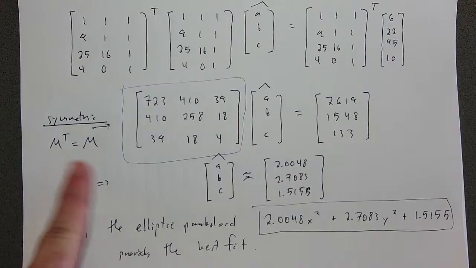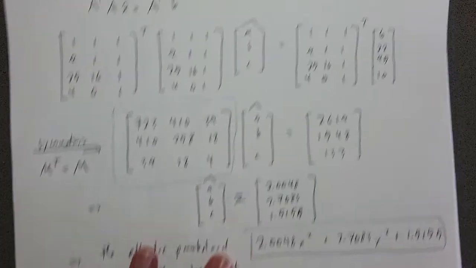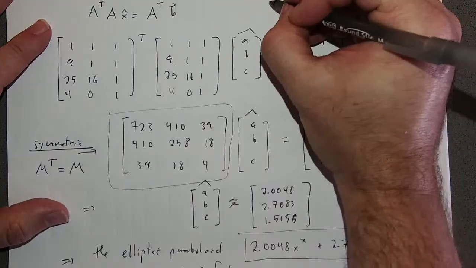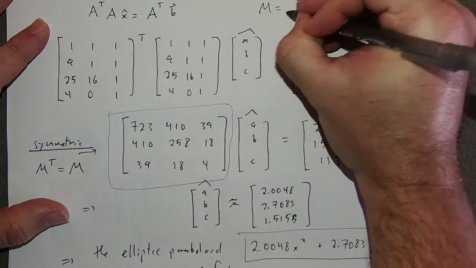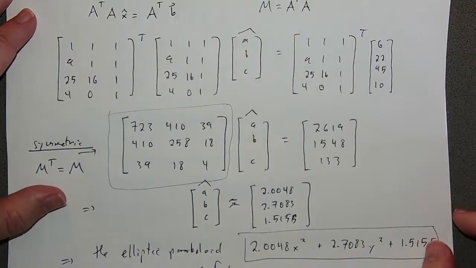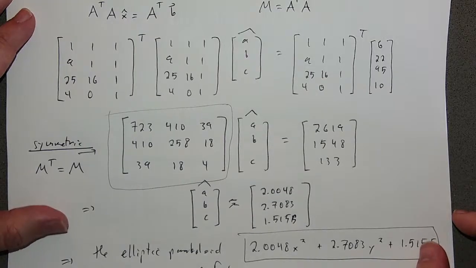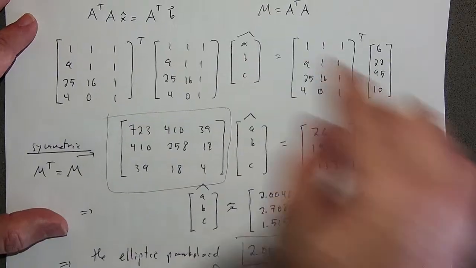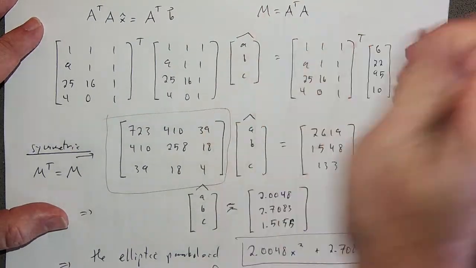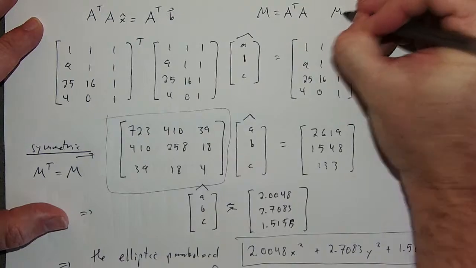Now, why did I use M here instead of A? Because I've used A up here, so it would be confusing. But let's just check, right? So we have the matrix M, which is A transpose A. What if we transpose this thing, right? So what if I do M transpose?